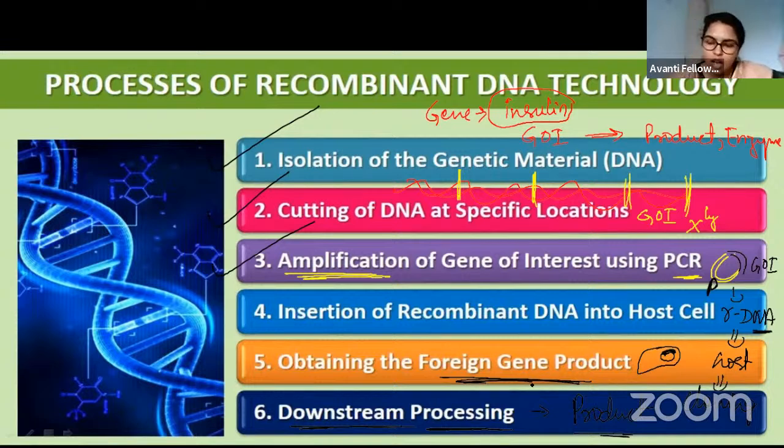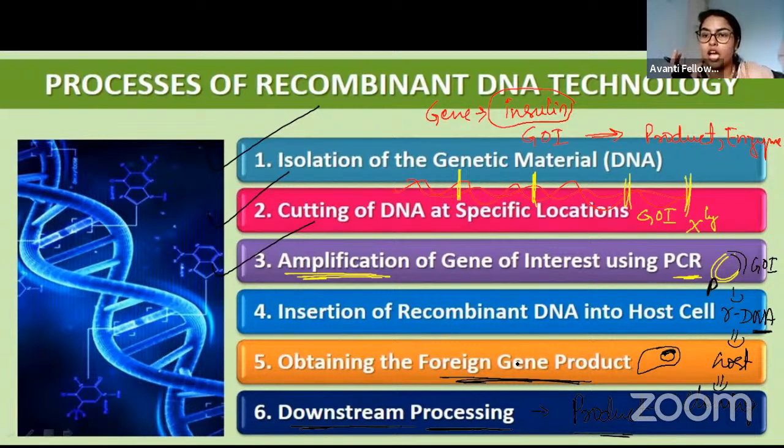When the gene of interest gets incorporated in the host cell, our host cell will start to produce the product. You might have heard of the central dogma of life. The gene or DNA encodes the information.